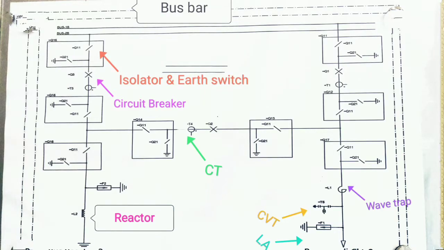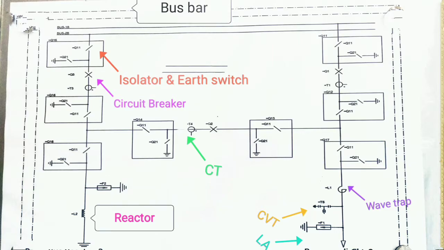The wave trap traps the communication signals, which means the disturbance harmonic signals can be trapped by this wave trap, which is in series with the outgoing line that goes to the other substation. Next, the CVT, which means capacitive voltage transformer, measures and also protections can be taken from the CVT.